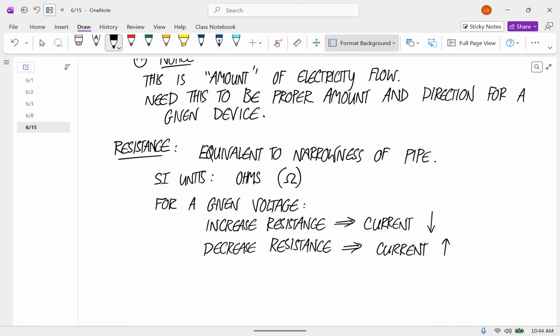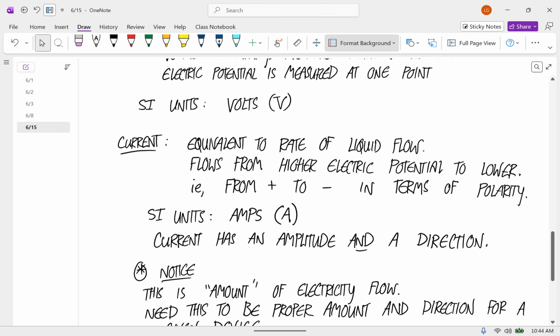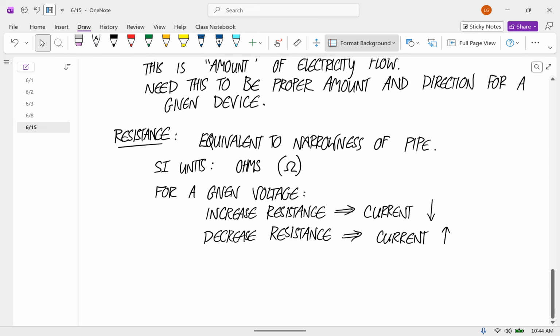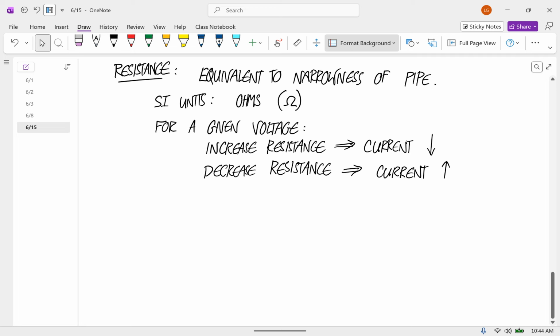And mathematically, this is all of the things that we need right now for the fluid flow analogy. Now, to put those together, the mathematical tool we're going to use is called Ohm's law.